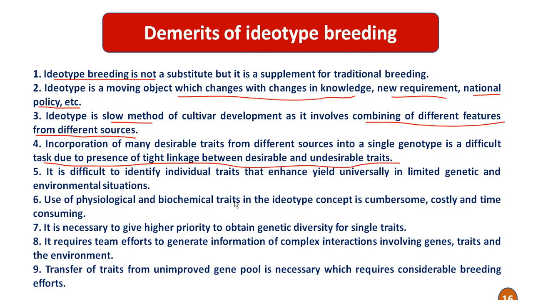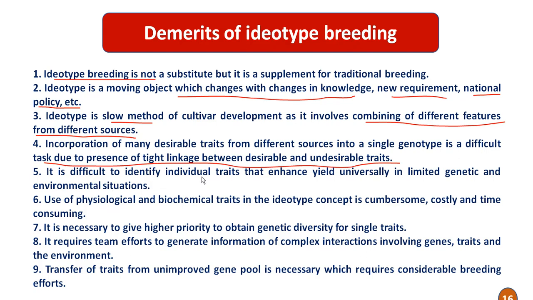That means when we transfer a desirable character, the undesirable characters are also transferred, and due to the tight linkage between these two traits, ideotype breeding sometimes finds it very difficult to break this tight linkage between desirable and undesirable traits.